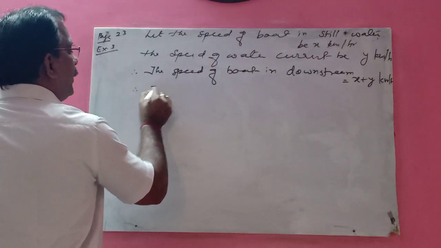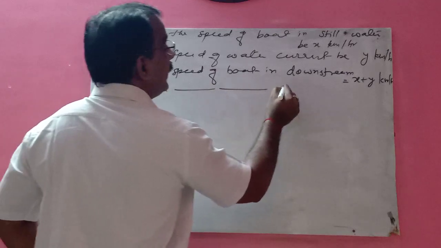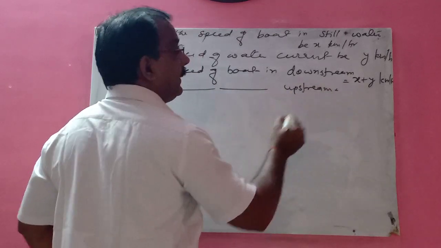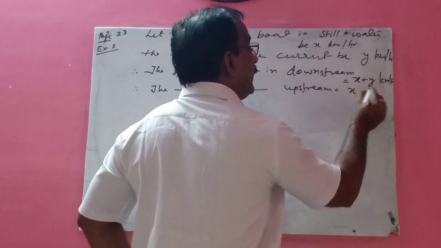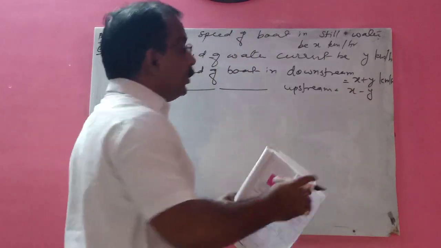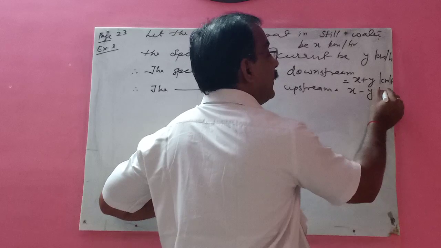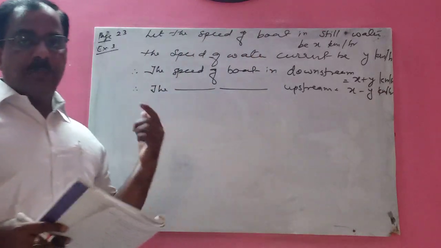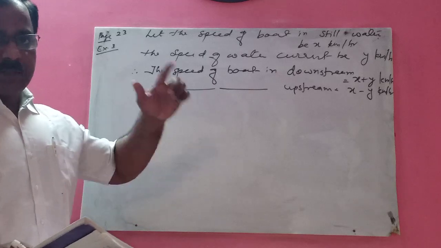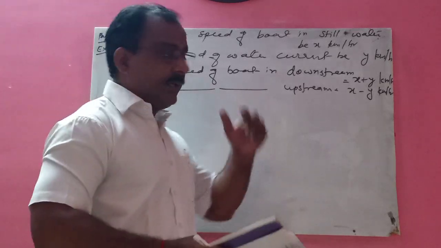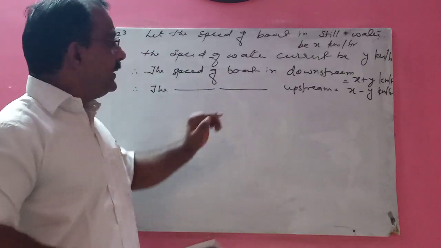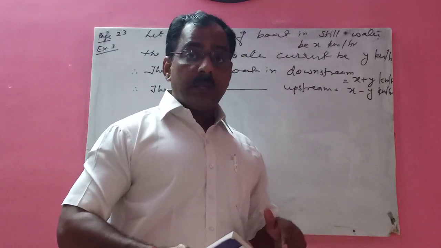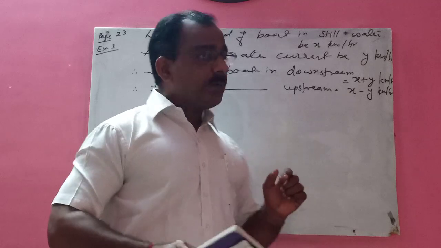Similarly, the speed of boat in upstream, children, its speed will decrease: x minus y kilometer per hour. So x plus y is the speed of the boat in the downstream direction, and x minus y is the speed of the same boat in upstream.